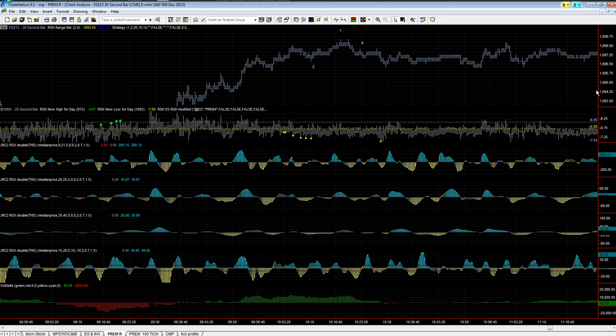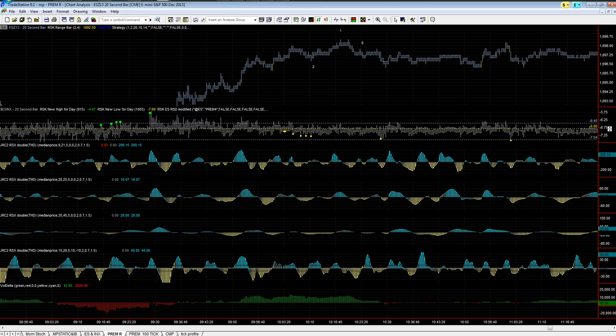But let's now look more carefully about what we see happening with the premium. Okay, so we've got this trend developing, lower lows on the premium, lower low on the premium here, again another lower low here. So that's indicating that this thing should be dropping, and it does drop.